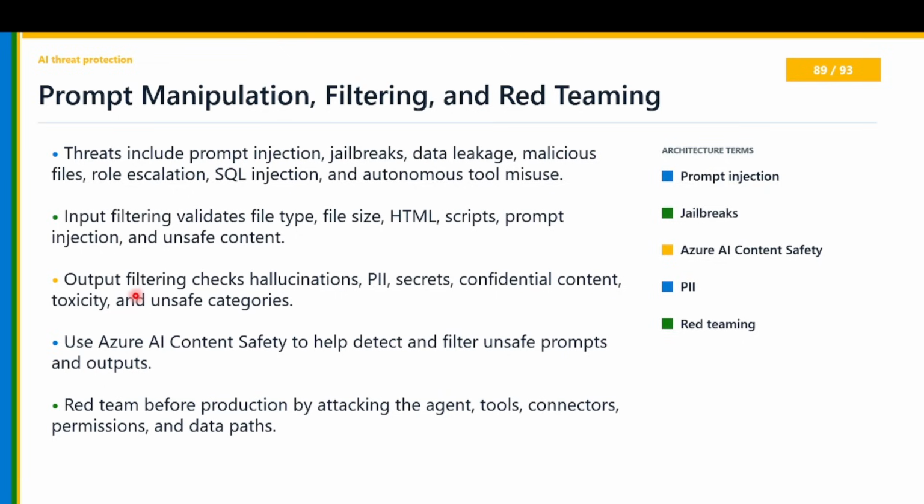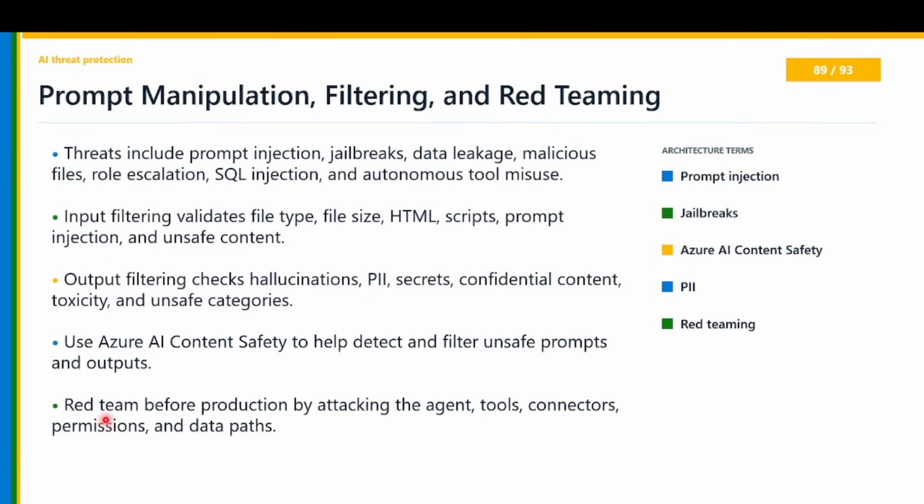If you apply output filtering to check hallucination, PII, secrets, confidential content, toxicity, and unsafe categories, all this will be stopped. So also implement output filtering to solve any of these threat situations or cases. Then use Azure AI Content Safety to help detect and filter unsafe prompts and outputs. So also use Azure AI Content Safety as a guardrail to detect and filter unsafe prompts and outputs.